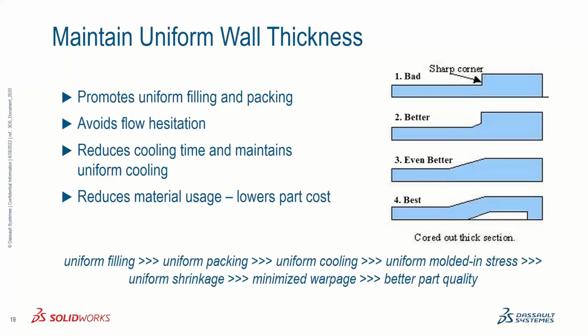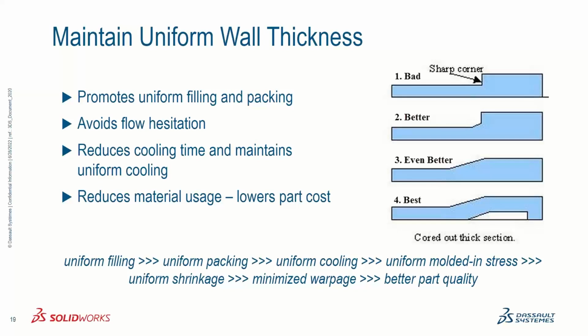Now, let's say your design requires a thickness transition from thin to thick. If you look at the graphic on the right-hand side of the slide, there are several ways of achieving this design requirement. At the top of the graphic, you have a step change in the thickness going from thin to thick.